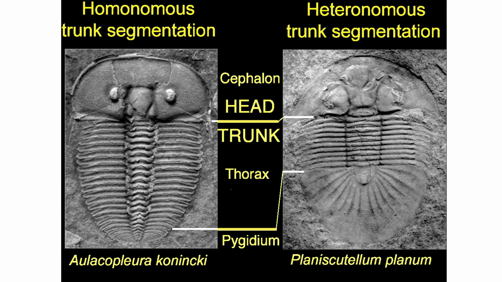All these segments the same size, basically. Much more distinction than in the control. And so I think what you're seeing is what happened in many arthropods, with this trunk region becoming differentiated into a distinct thorax and pygidium. So that's the results of our investigation of segmentation.